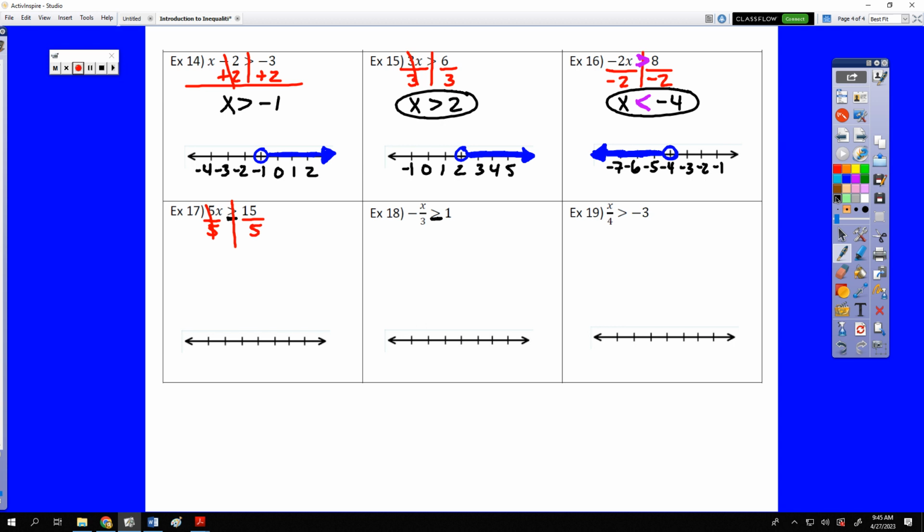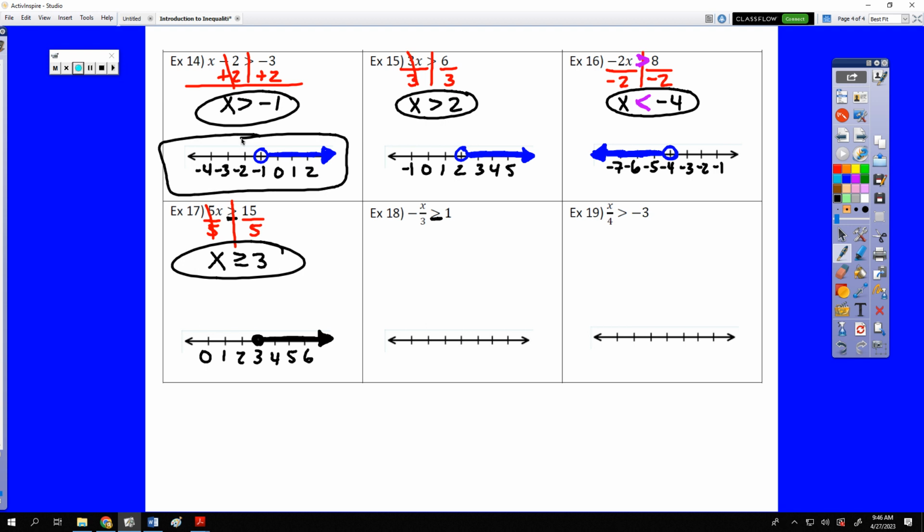That would give us x is greater than or equal to 3. That means 3 needs to be in the middle of our number line. We have a closed circle at 3, and we would shade to the right. Again, that arrow will point us in the correct direction. So x is greater than or equal to 3, and the graph is also part of the solution.